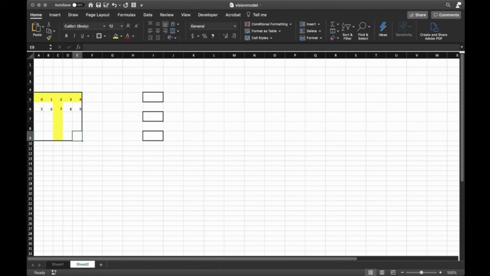So what you could say is, well, okay, this data here: input 0 is a 1, input 1 is a 1, input 2 is a 1, input 3 is a 1, input 4 is a 1, input 5 is 0, input 6 is 0, input 7 is a 1, input 8 is 0, input 9 is 0.